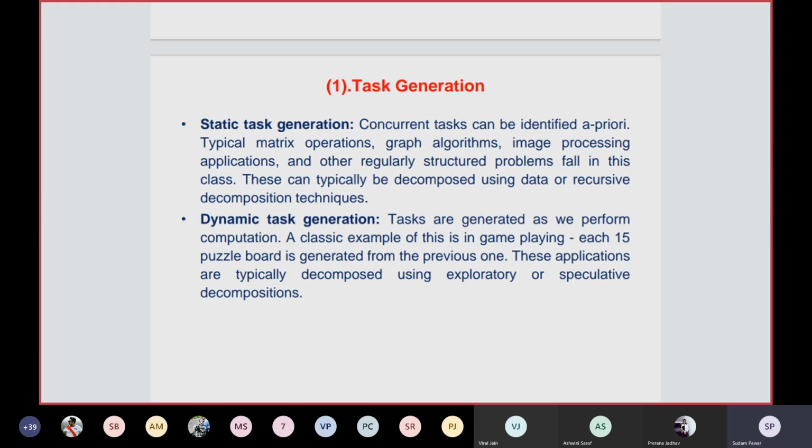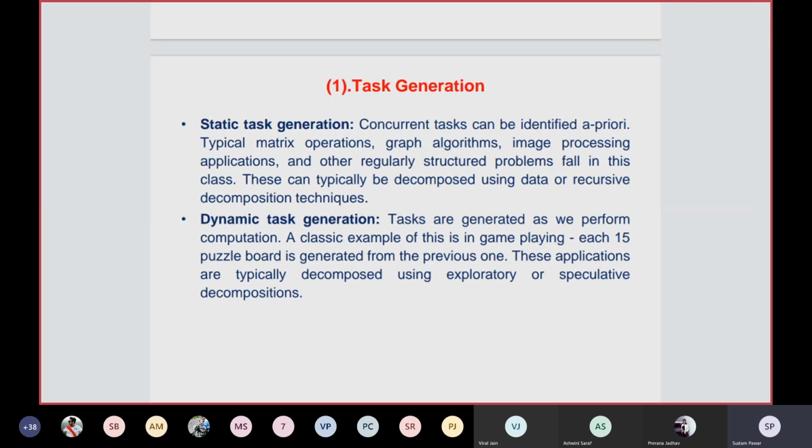And in case of dynamic task generation, tasks are generated as we perform the computation. So at runtime we will understand which tasks can be executed concurrently. In case of static task generation, examples are typical matrix operations, graph algorithms, image processing applications, and other regular structure problems that come under this category.